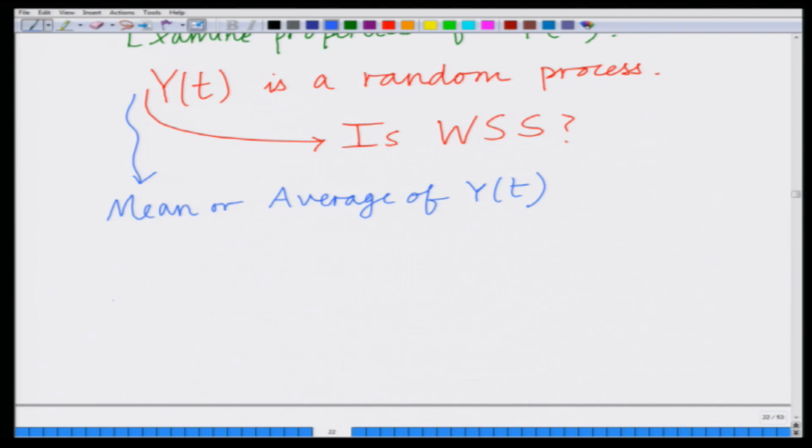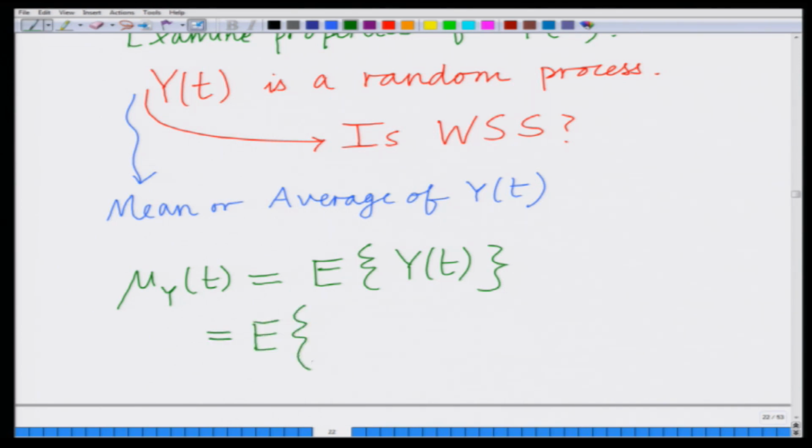The average, in fact the time average, mu y of t, which is the expected value of this random process y of t, is defined as the expected value of the integral from minus infinity to infinity of x of t minus alpha, h of alpha, d alpha.